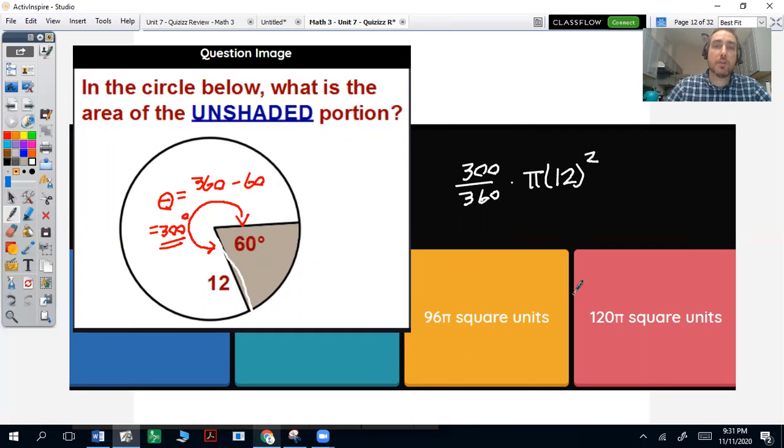Now let's look at our answer choices before we actually put this in a calculator. Our answer choices have our answers in terms of pi, which means we don't actually need to type pi in the calculator. We only need to type what's around it. So we have these numbers here. Leave that pi alone and just put in 300 over 360 times 12 squared.